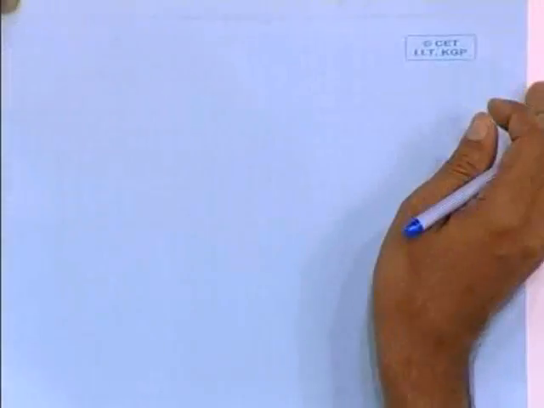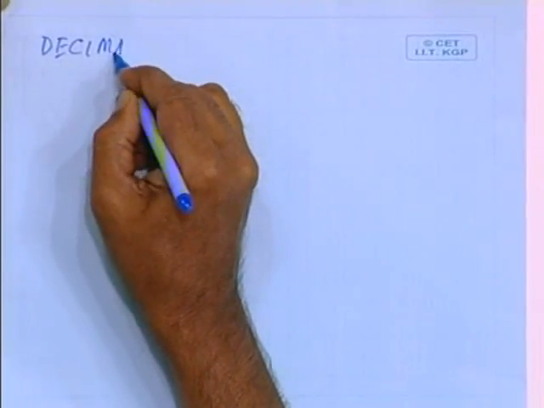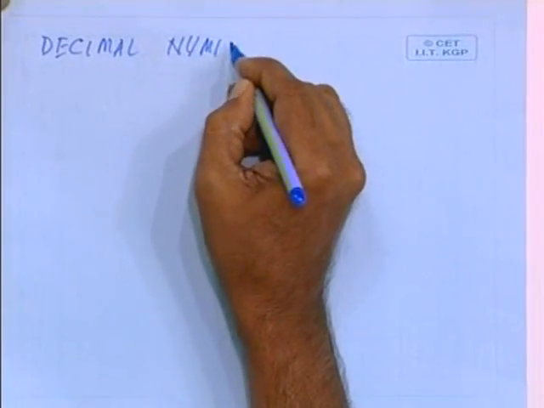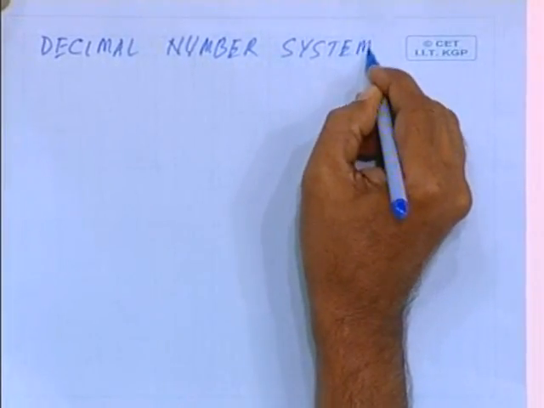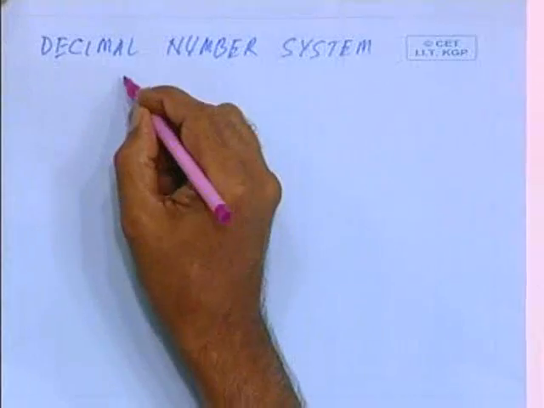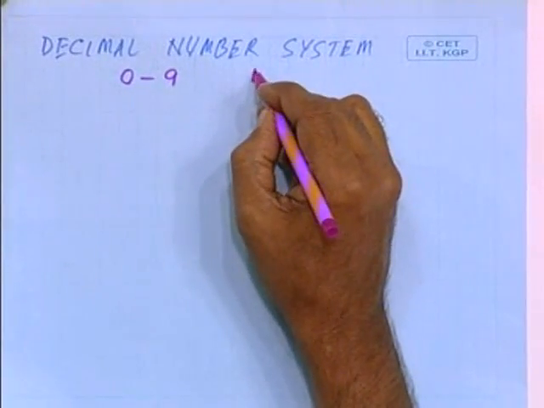And first of all, before we consider the number representation done by the processor, let us try to understand the number systems with which we are familiar, that is your decimal number system. As you know, because we have 10 fingers, we use 10 symbols 0 to 9 to represent numbers, and it is called the decimal number system.